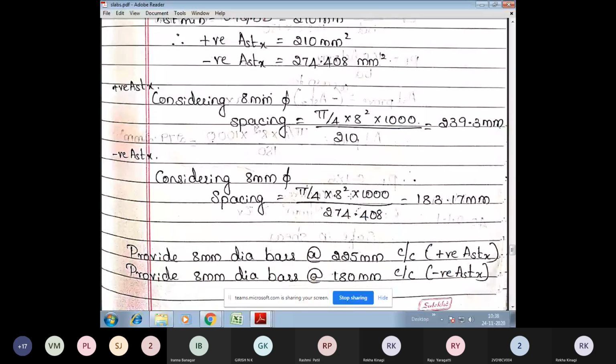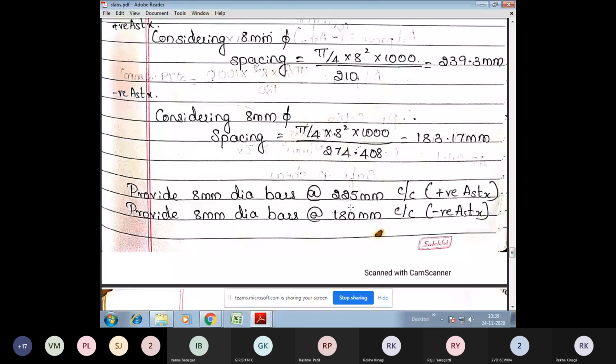So we can consider for the X direction, 8 mm diameter bars at 225 mm center to center as positive ASTX, and 8 mm diameter bars at 180 mm center to center at negative ASTX. So this is how we need to calculate the reinforcement details.